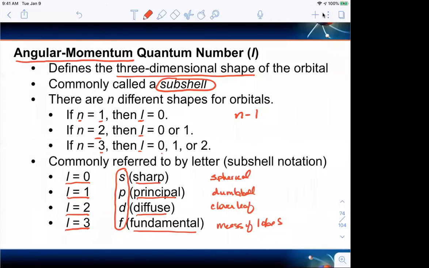I have 4 types of orbitals that we're going to really become familiar with, the S, the P, the D, and the F. And I have 4 values of L that we're really going to become familiar with. Any S orbital has an L value of 0. Any P orbital has an L value of 1. Any D orbital has an L value of 2. And any F orbital has an L value of 3.